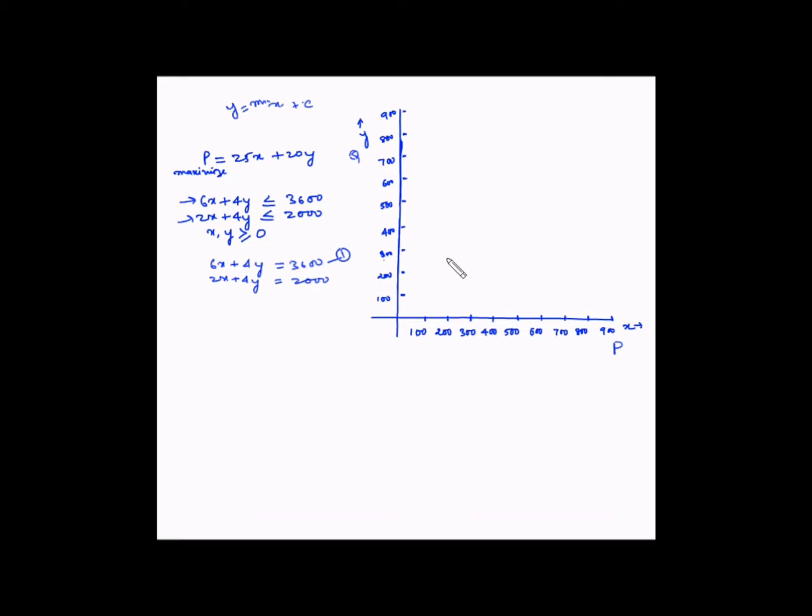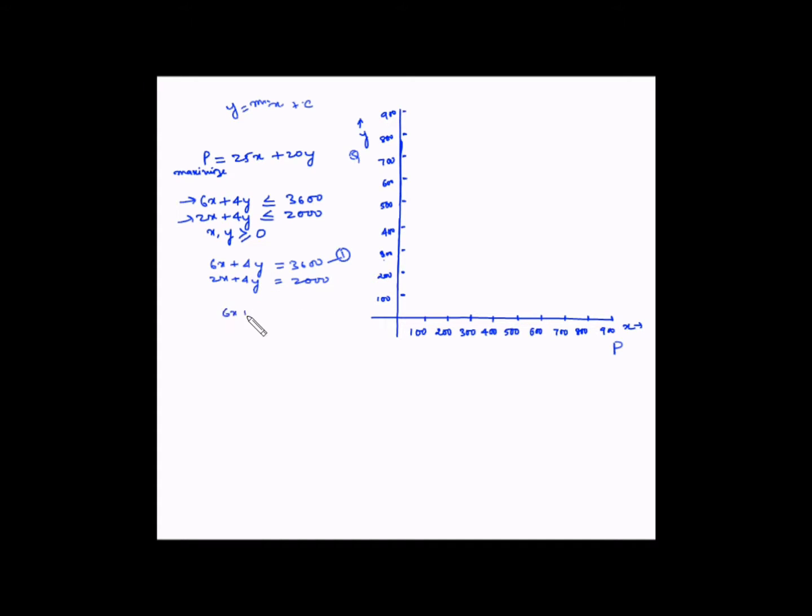So in order to find the intercepts on the x-axis and y-axis, we can put each of these variables, that is x and y, as 0, and we'll find where this line is going to intercept on the other axis.